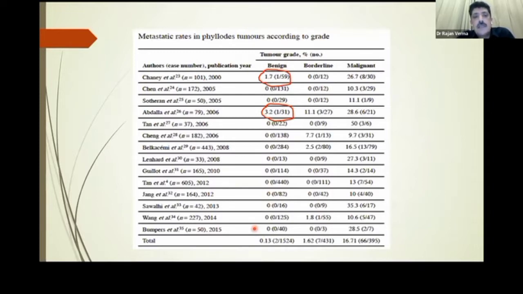Very interesting are the journal articles from Chen et al. and Abdullah et al., where they found 1.7% and 3.2% of benign tumors with metastasis. So overall, the metastatic rate for a malignant phylloid tumor comes to around 16.7% as per various studies.